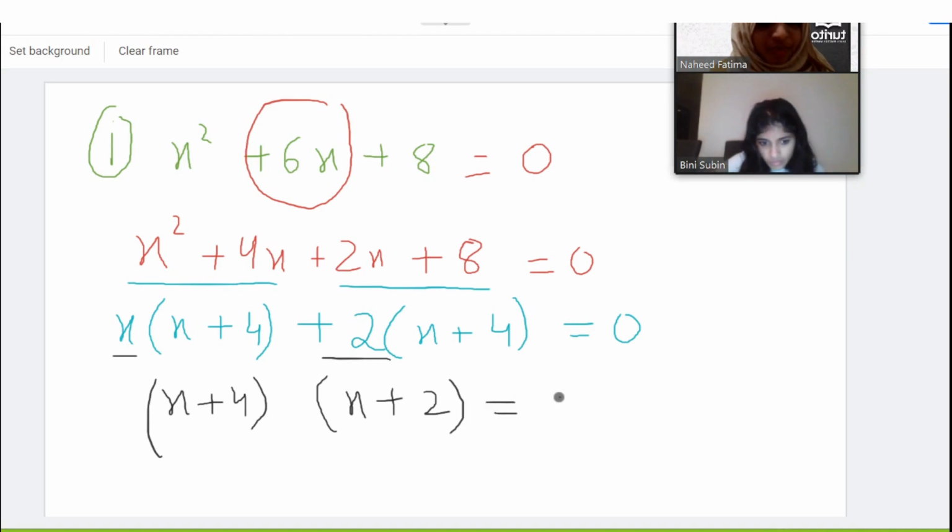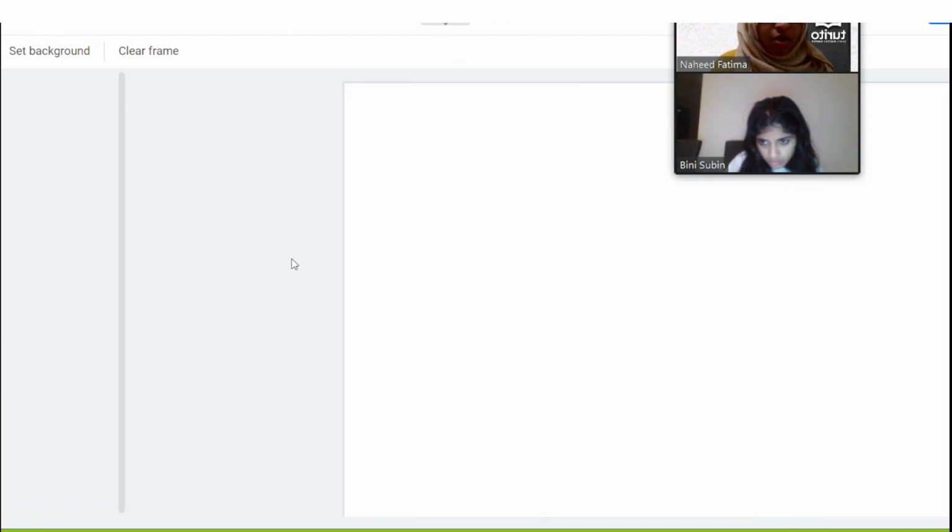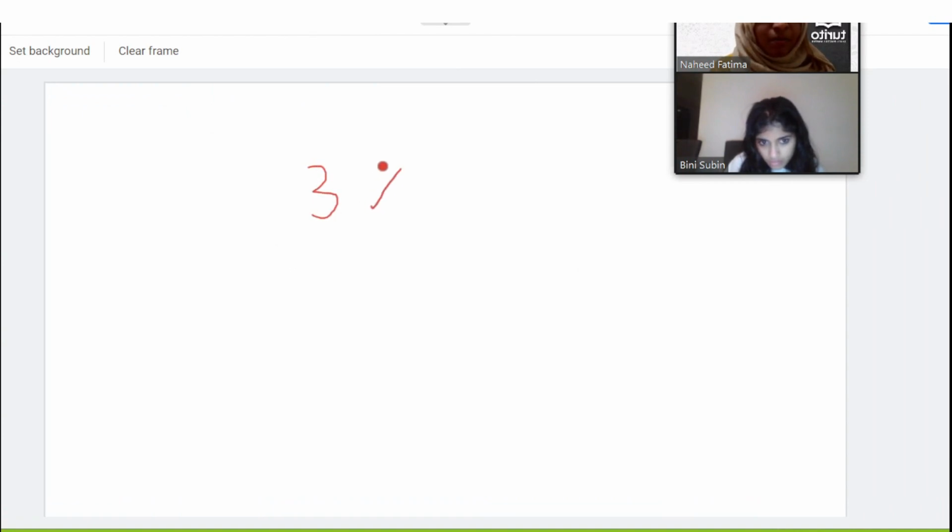So that's my equation. Now I can stop here, but sometimes they ask you to find the value of x. So in those sums, see, if two numbers are getting multiplied and the answer is 0, that means one of the numbers might be 0, because only if you multiply a number with 0 you get answer 0. 3 multiplied by 1 can never be equal to 0, right?